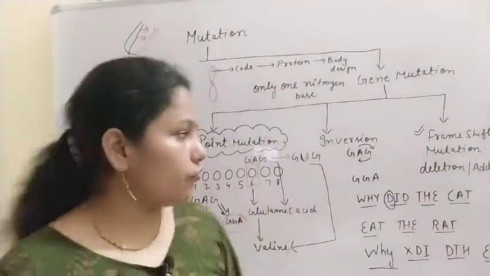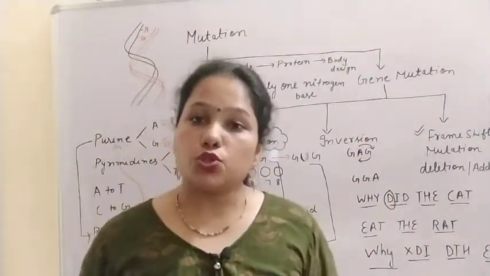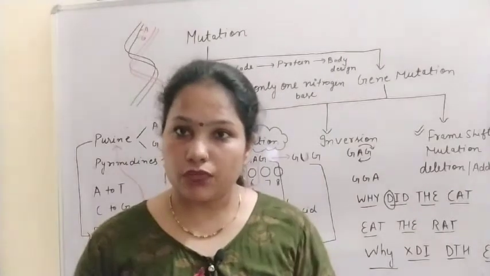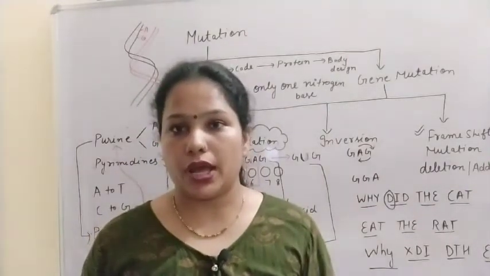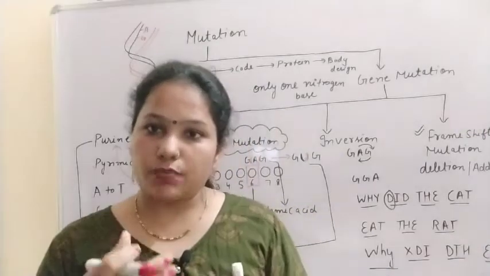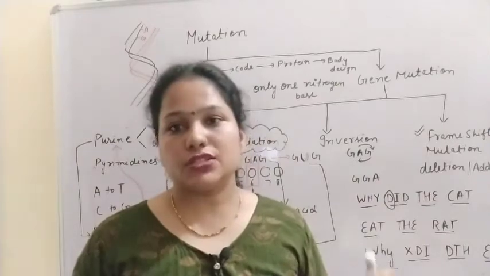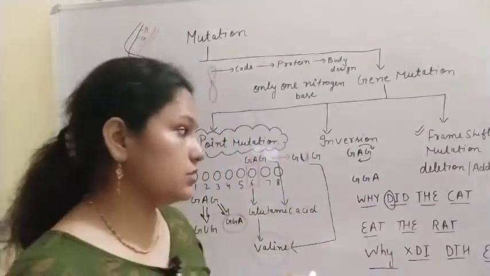बट इन केस ऑफ फ्रेम शिफ्ट म्यूटेशन, द नेम इज फ्रेम शिफ्ट, कि जो पूरा फ्रेम, जो पूरा फ्रेम ट्रिपलेट कोडोन का बना हुआ है, वो सारा फ्रेम ही चेंज हो जाएगा। अगर हम एक बेस पेयर को बीच में से निकाल लेंगे तो ऑल द फ्रेम दैट इज चेंज। सो लेट अस डिस्कस.